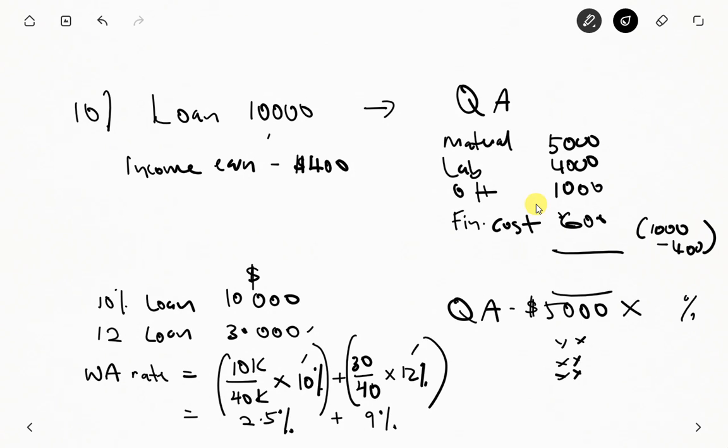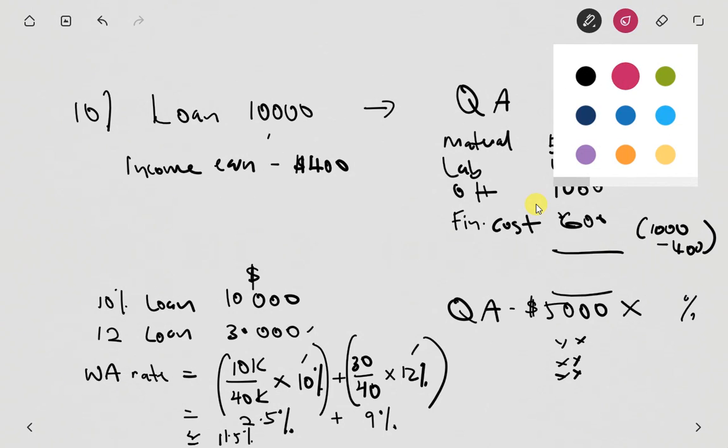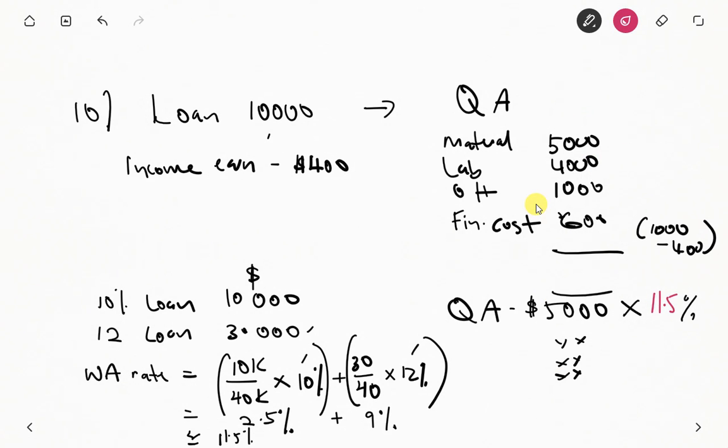Okay, no problem. So it's not 11, because that is the simple average. When you add up, it's 11.5. This is our weightage, because we give more weightage to 12, that's why it's nearer to 12%. Therefore, the interest rate that we use will be 11.5%.